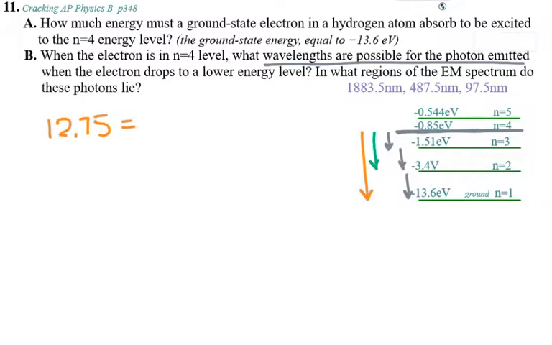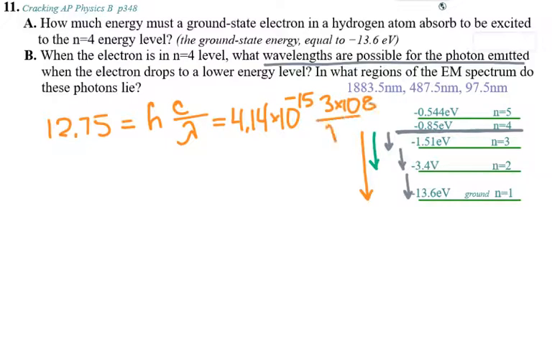If it loses 12.75 electron volts, then I can use energy equals h times c over lambda. I plug in my electron volts, Planck's constant, 4.14 times 10 to the negative 15, and 3 times 10 to the 8.